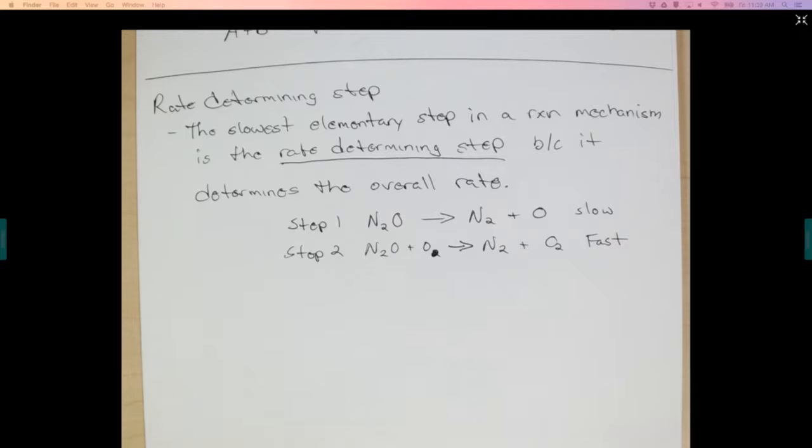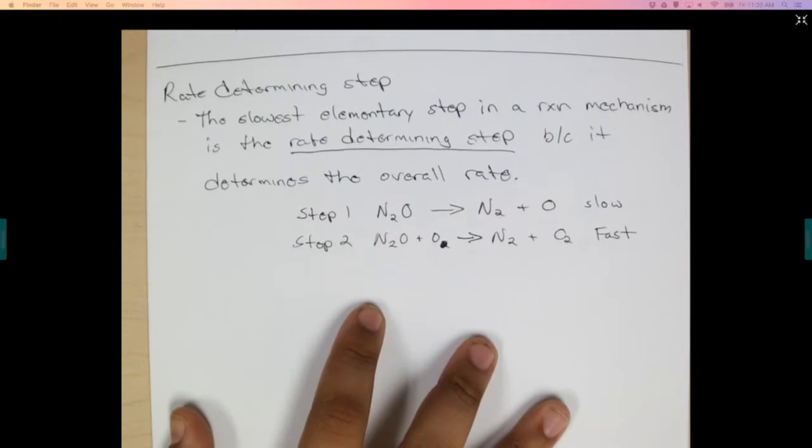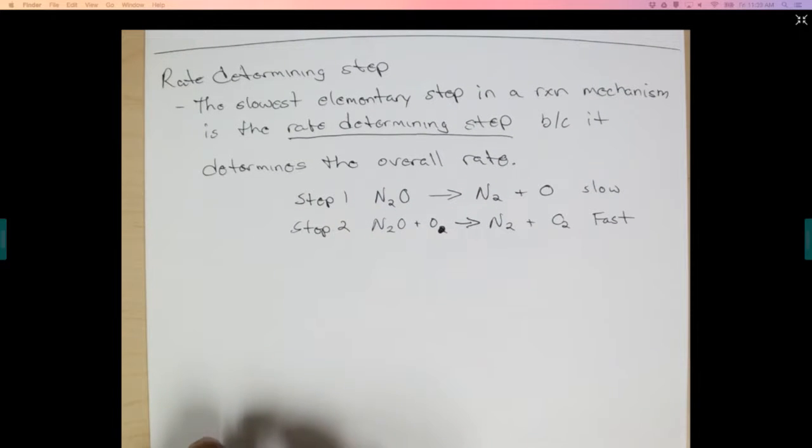By knowing the speed, we know the k value associated with the particular elementary step. Then we can determine the rate determining step and, more specifically, determine the rate law that we talked about up here, given a multi-step mechanism.